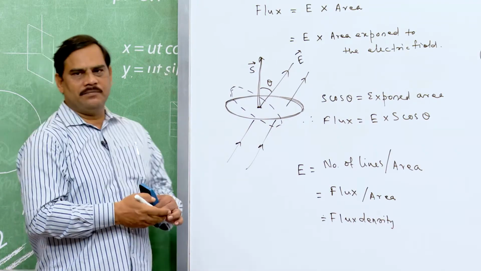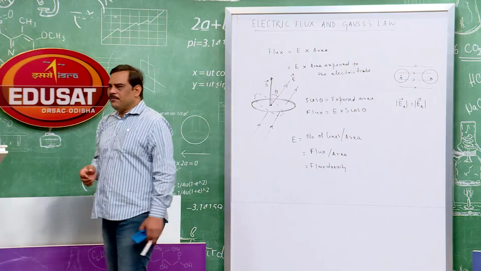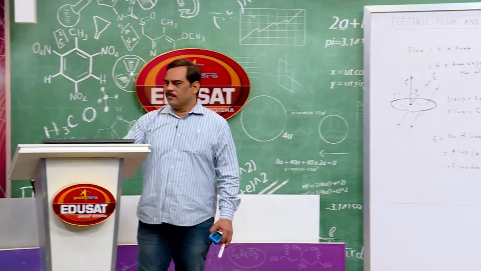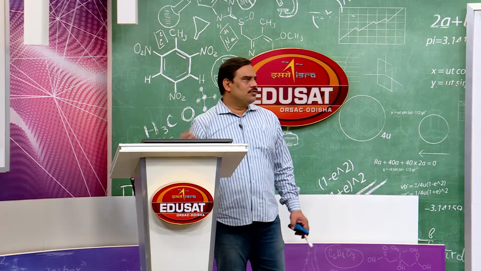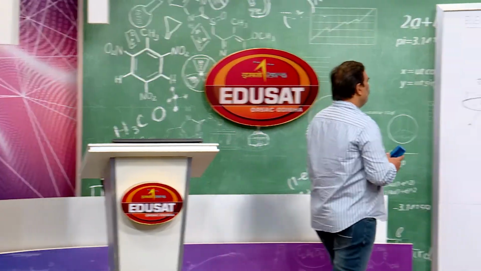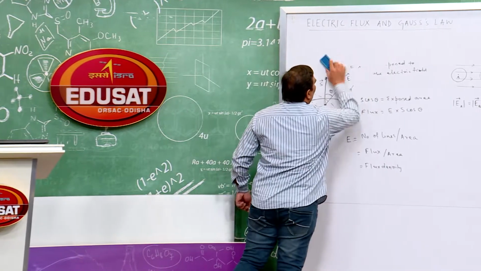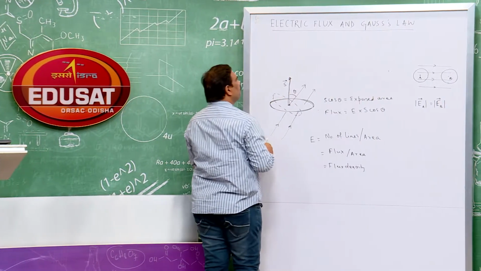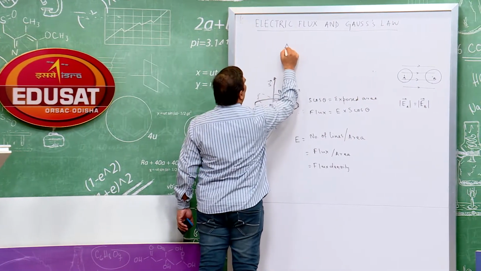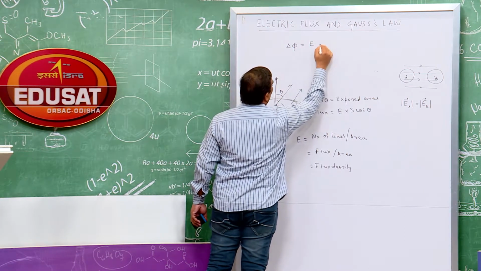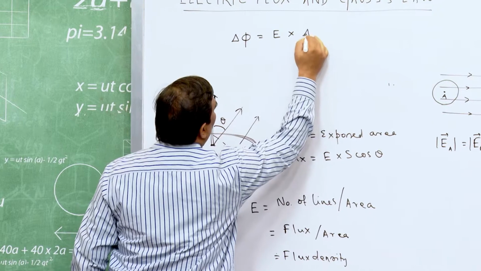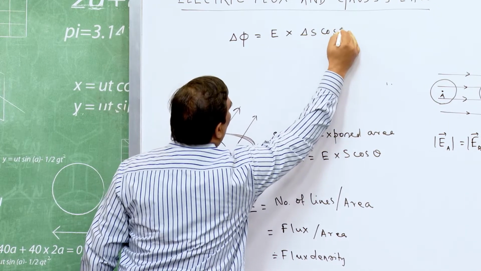More precisely, if I represent area as delta S, I can write my flux delta phi equal to E into delta S cos theta.